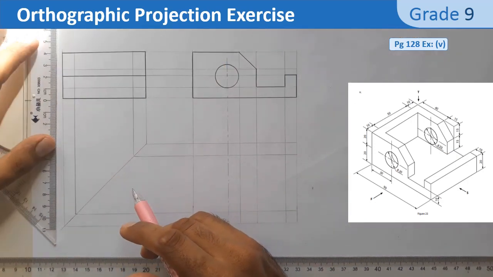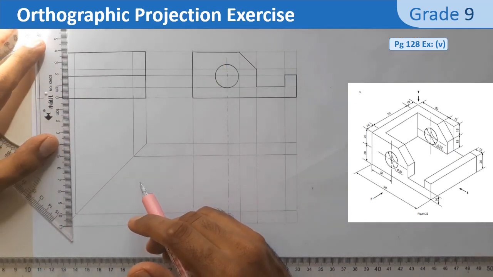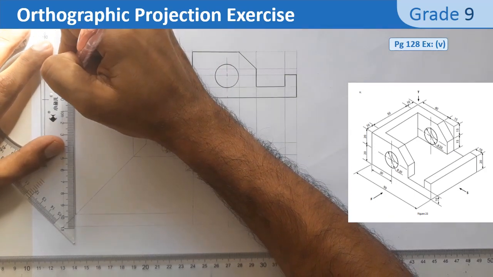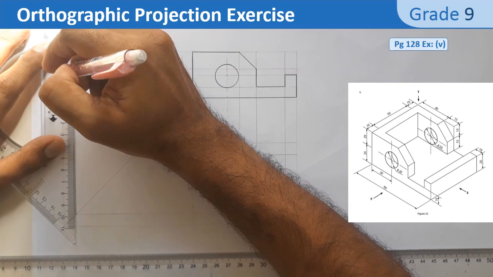So this is why the middle line is important. It's a kind of connection between the top view and the side view.